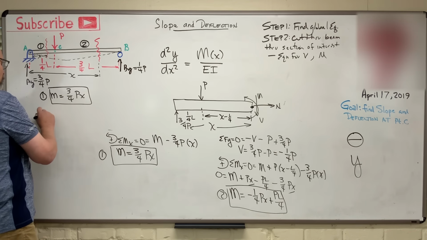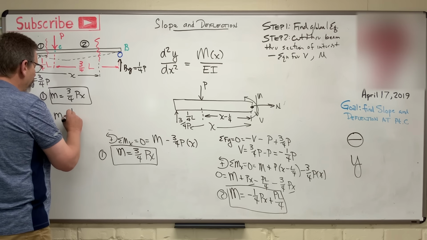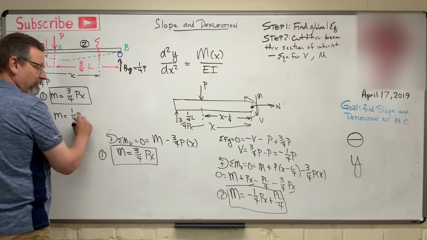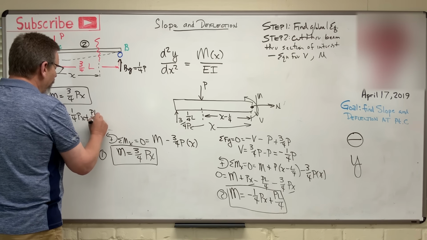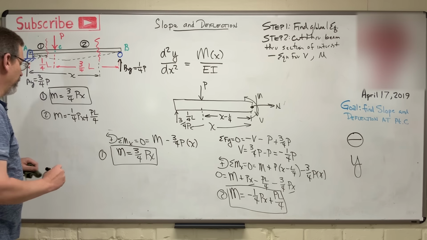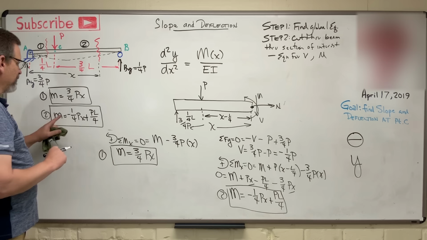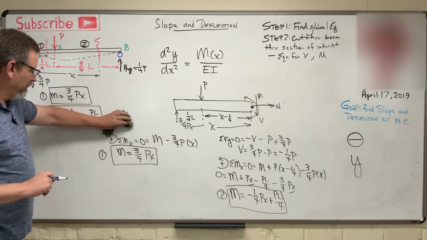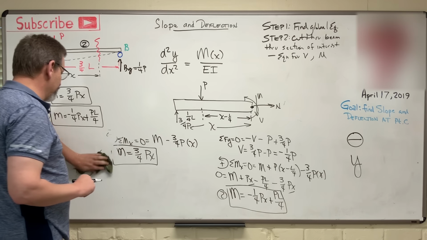And number 2 was down there, M equals minus 1/4 P times X plus P times L over 4. So there's my second moment equation for section 2. Did I write that down right? Yes, and yes.